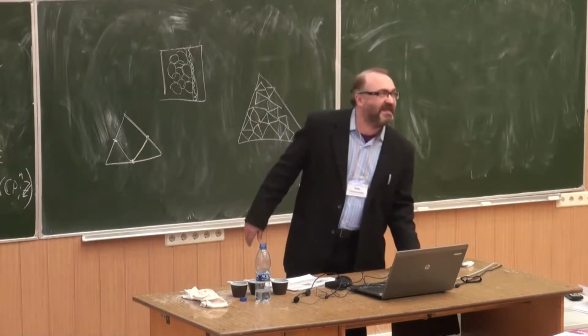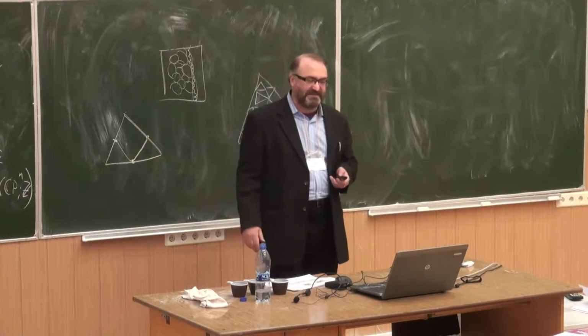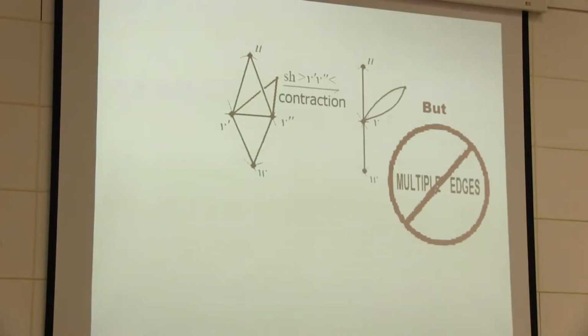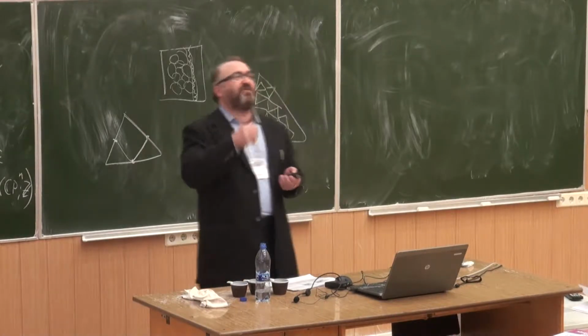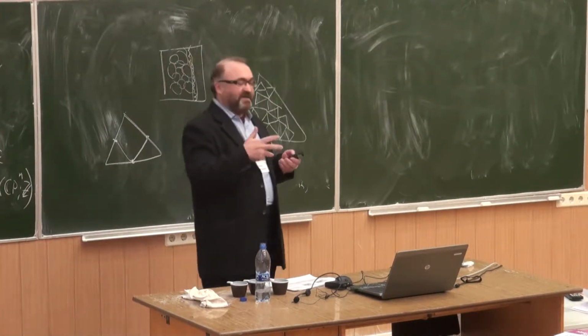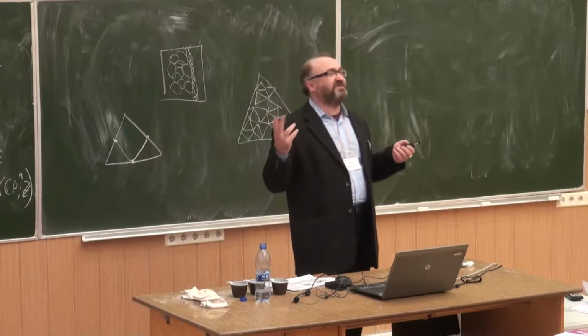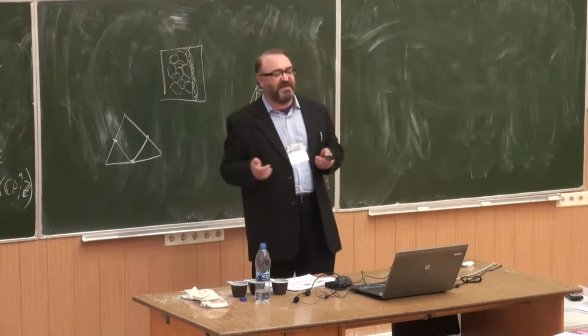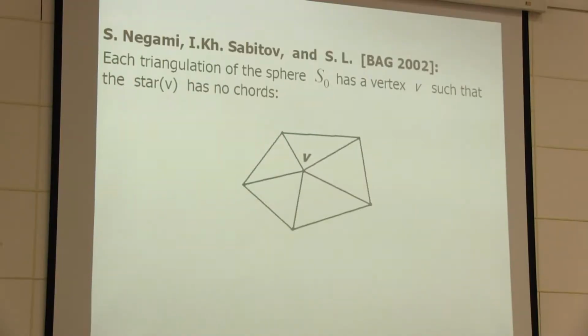So no parallel edges can exist in a simplicial complex. So we say that this edge d' d'' is unshrinkable or non-contractible. Non-contractible, because if you insist on contracting this edge, it will rule you out of the class of simplicial two-complexes, and also from the class of triangulations, because by a triangulation we mean an object that corresponds to a simplicial complex. So no multiple edges are allowed.